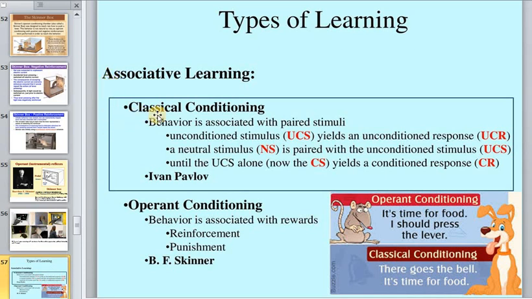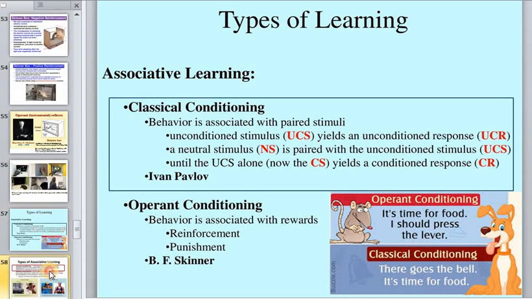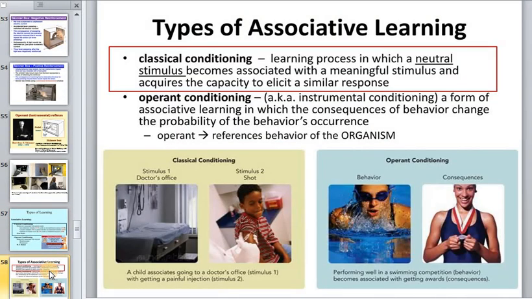We move to classical conditioning, where behavior is associated with paired stimuli, and here we see different phrases: conditioned stimulus, neutral stimulus, unconditioned response, unconditioned stimulus, and conditioned response. Those who study physiology with us know all these terms, but if you don't, I leave a little dictionary in each slide.